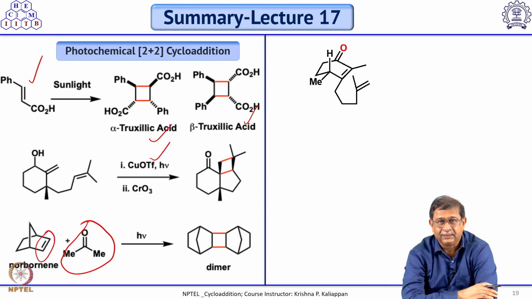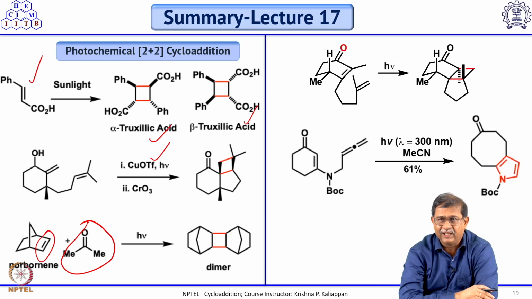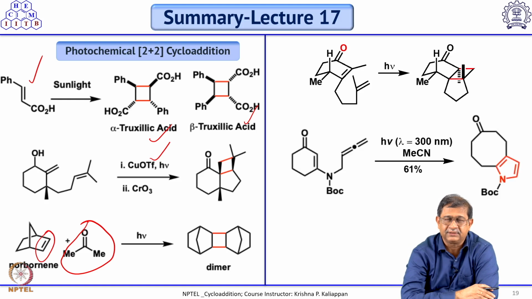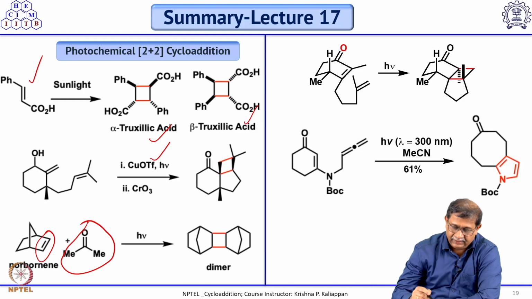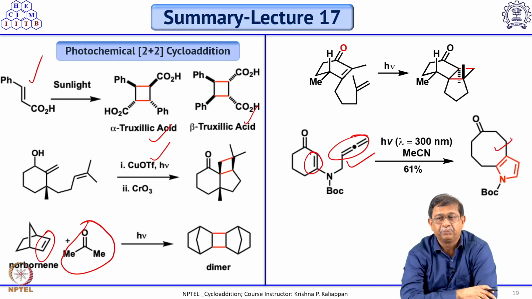Then we saw how intramolecular 2+2 cycloaddition reactions have been successfully used in the total synthesis of triquinanes. And in this case the 2+2 cycloaddition between the allene and the double bond gives the substituted pyrrole.